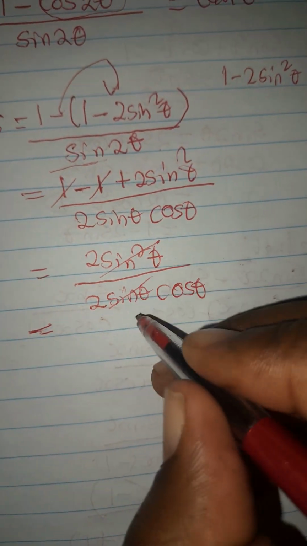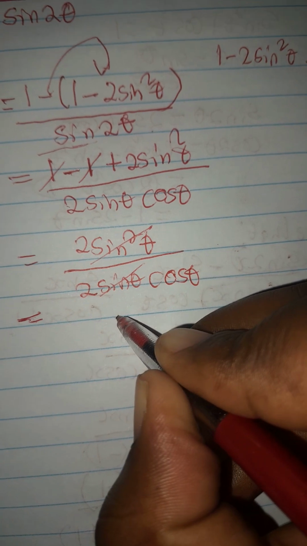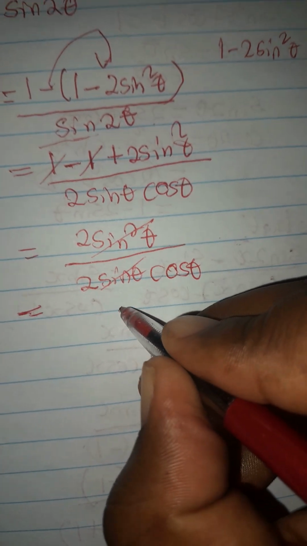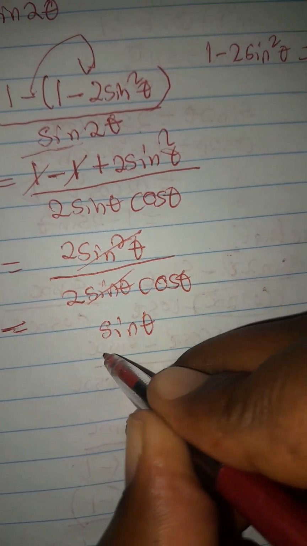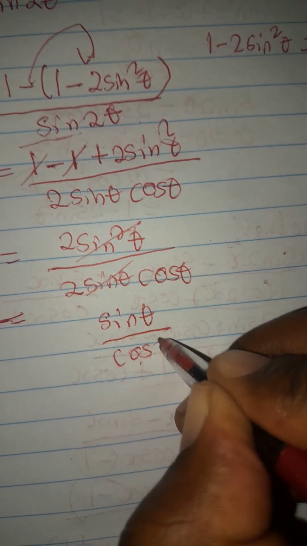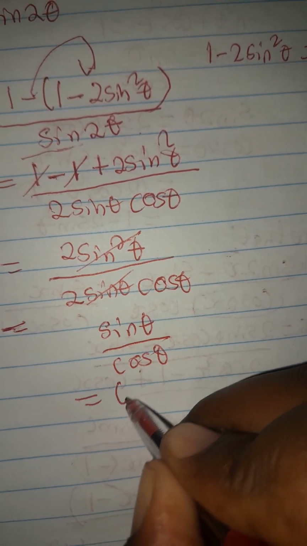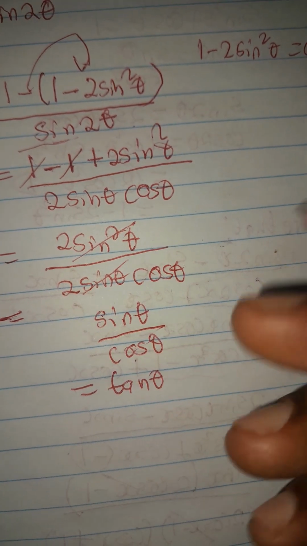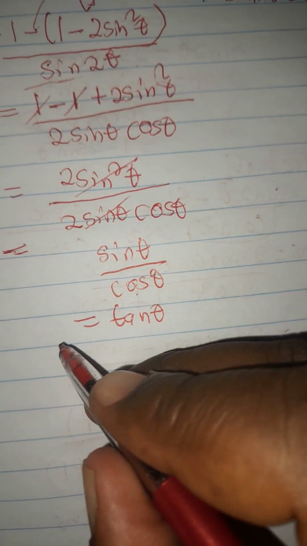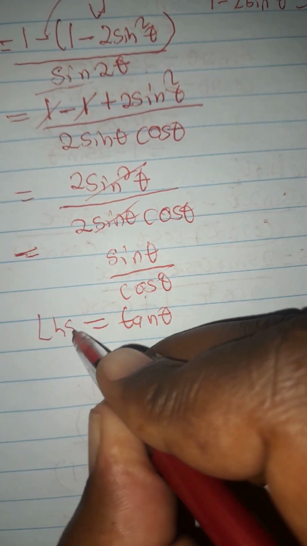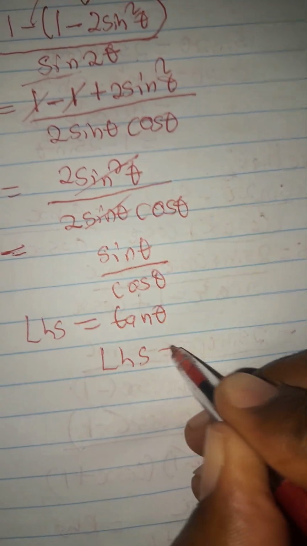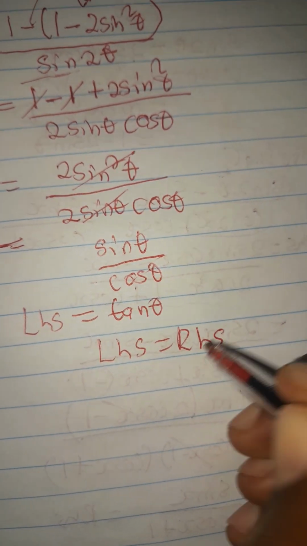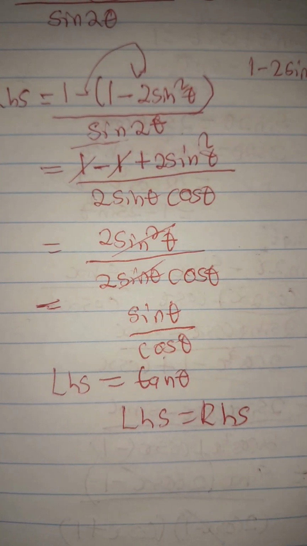We are left with 1 sine at the numerator, because there are 2 and we cancel 1. So we are left with sine theta divided by cos theta. That will be tan theta, which is the right hand side. So we have proven it.